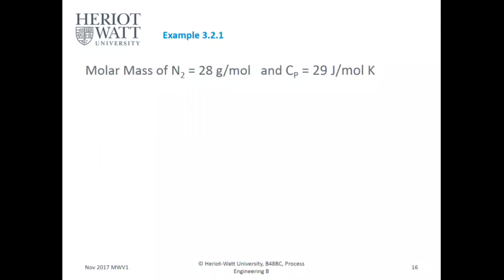So we know that the molar mass of nitrogen is 28 grams per mole, and the heat capacity of nitrogen is 29 joules per mole per Kelvin. And we know the change in kinetic energy equals 1/2 m multiplied by the second velocity squared minus the initial velocity squared.